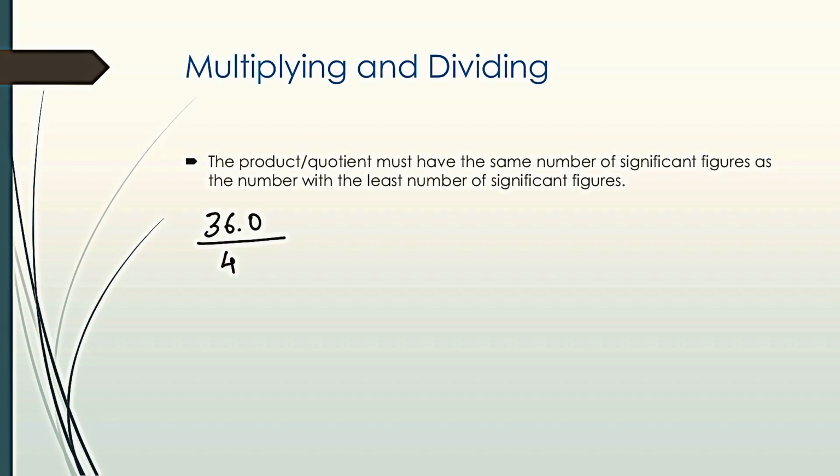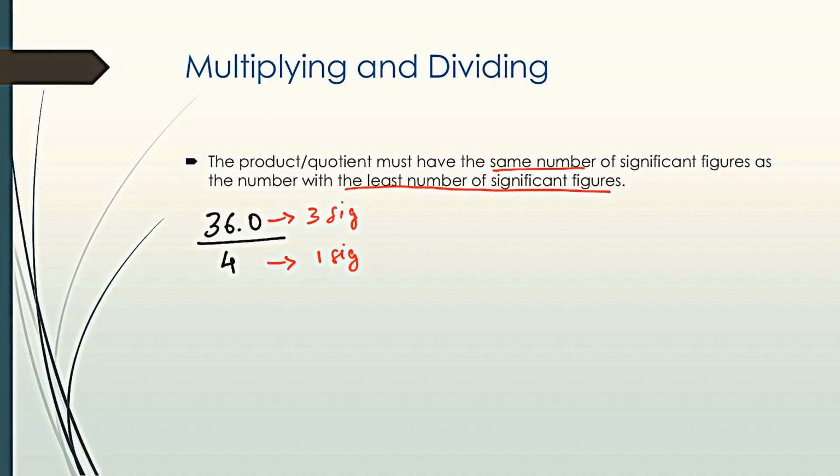Now let's see what happens when you're trying to multiply or divide two numbers that have different numbers of significant figures. So the example in front of you is 36.0 divided by 4. In this particular case, my numerator has 3 sig figs, my denominator has 1 sig fig. And as the rule says, the product or quotient must have the same number of significant figures as the number with the least number of significant figures.